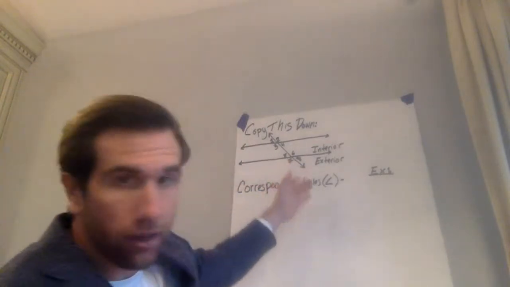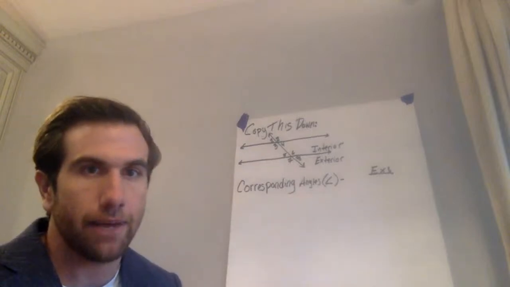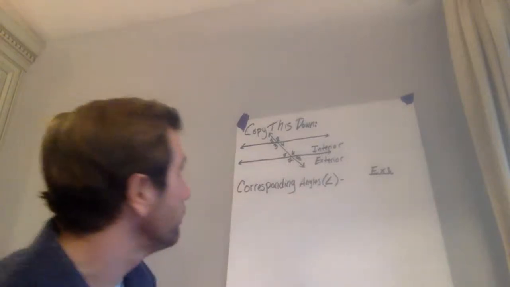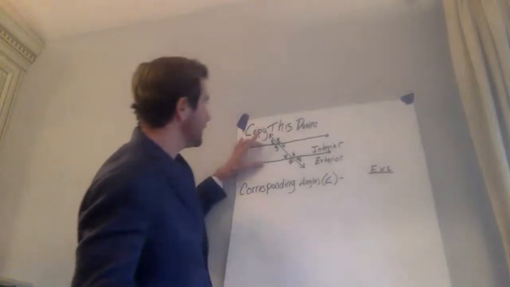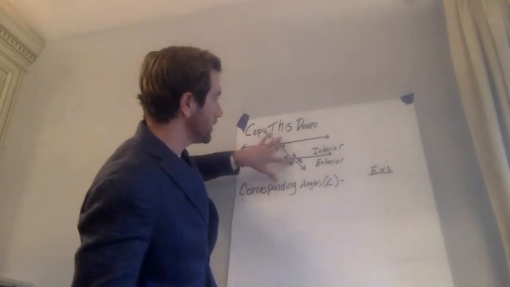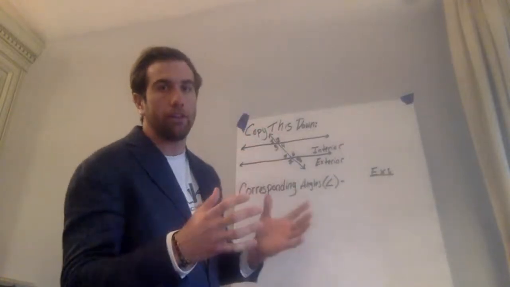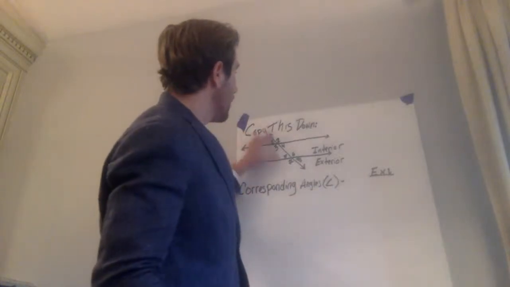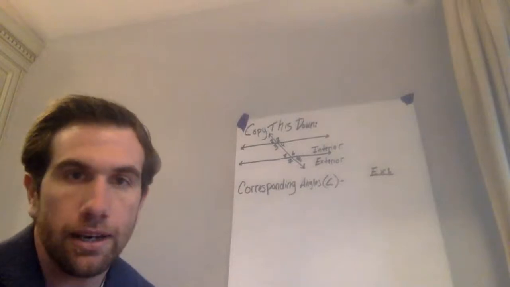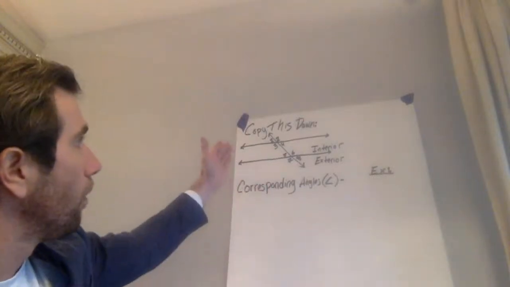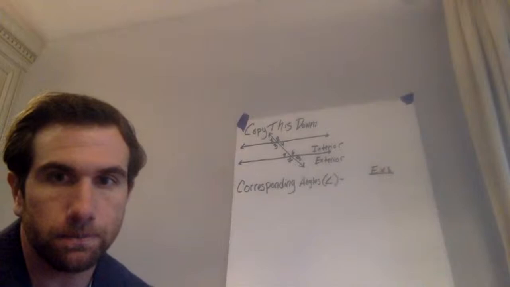So this is a transversal, and just like I said in my definition, why is it a transversal? Because it is intersecting 2 lines here at 2 points, which is each line on the same plane. So that's a transversal line, and when you have a transversal line, it forms 8 angles.